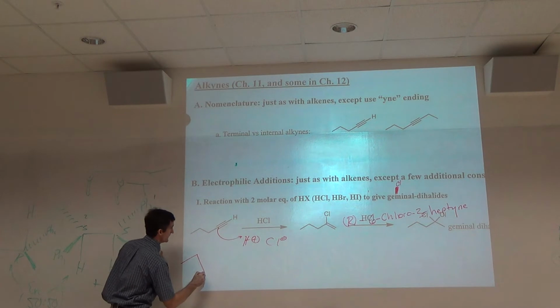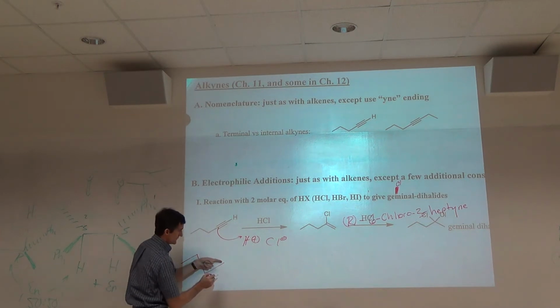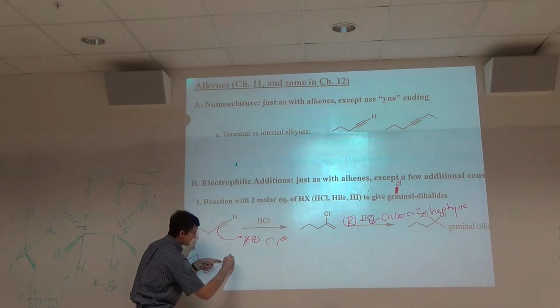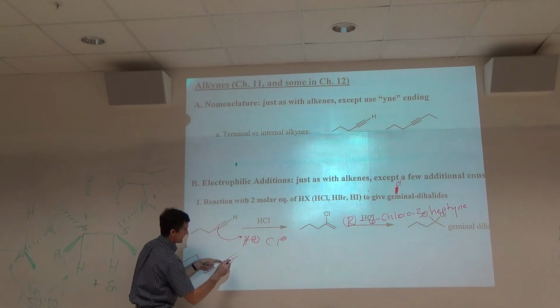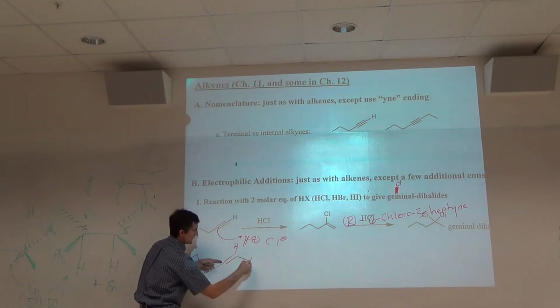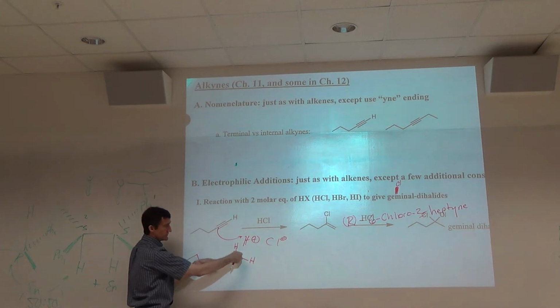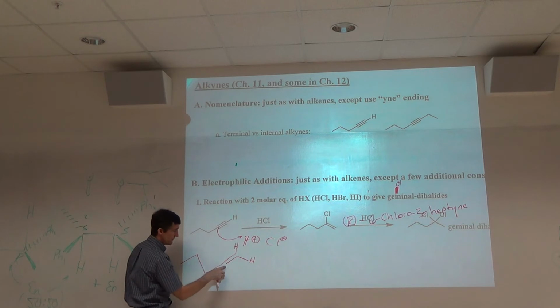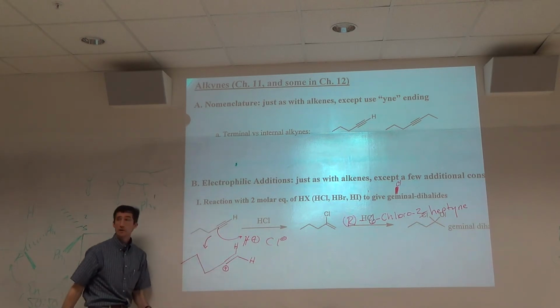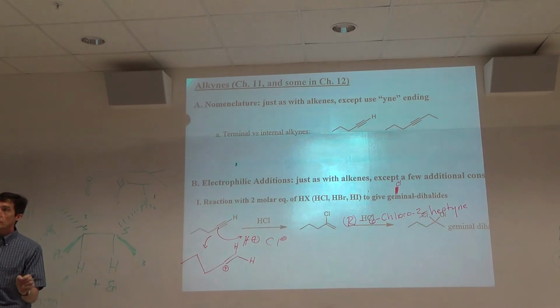And so we get a double. Now I'm going to draw this like this, so you can see here. Now 2 H's on the end. I'm going to draw that trigonal planar, because it's now trigonal planar. What's here now? It's a plus charge. That's a plus charge on an alkene carbon. It looks odd.